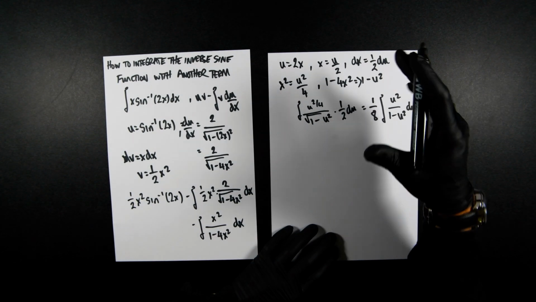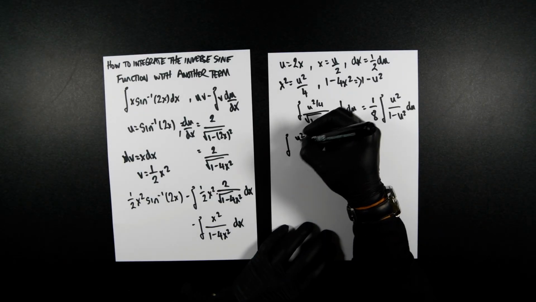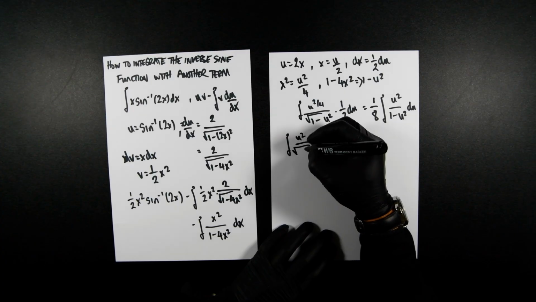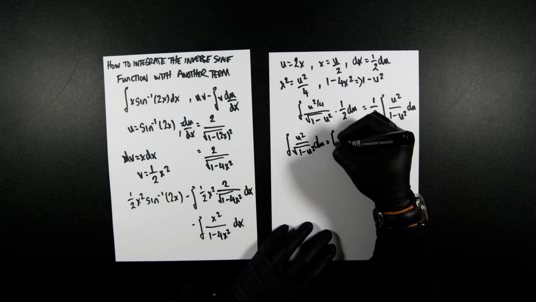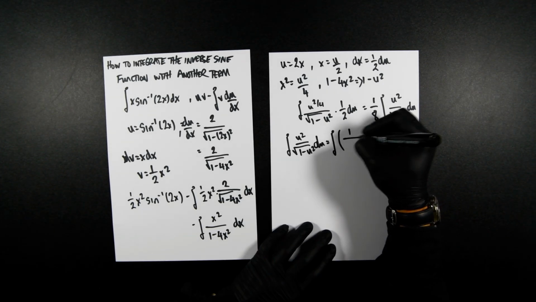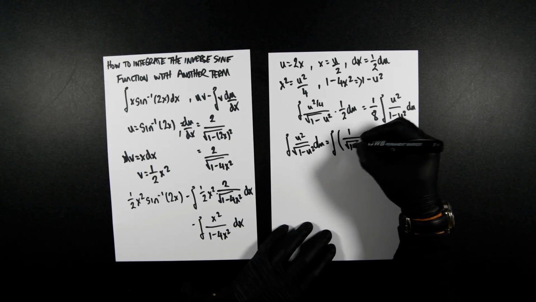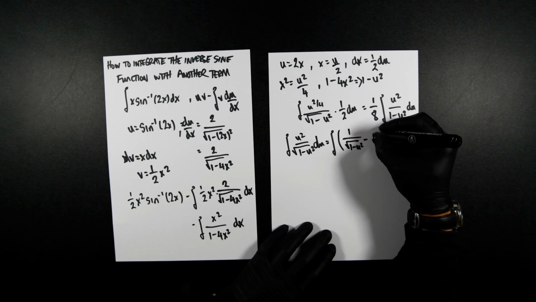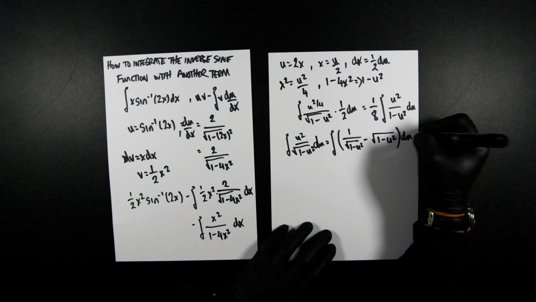So we can now use an identity, which is the integral of u squared over the square root of 1 minus u squared du is the same as the integral of 1 over the square root of 1 minus u squared, minus the integral of the square root of 1 minus u squared du.